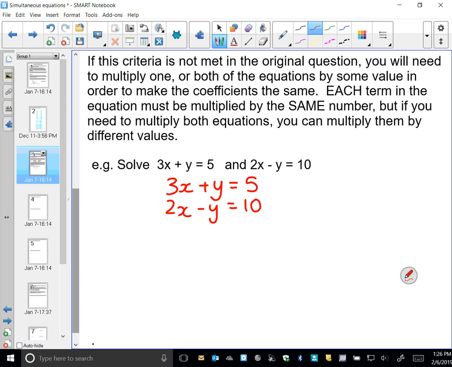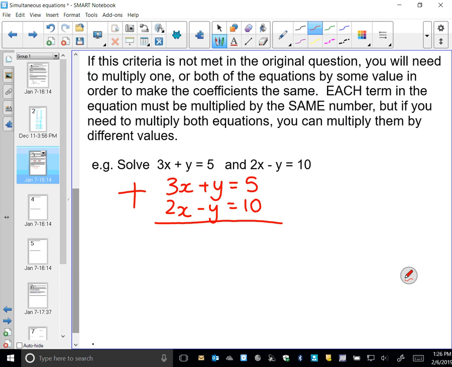I've written them like this, partially because that's what the original question had, but it also means that my x values are in one column and my y's are in another. Yes? Yes, that will be the next example. Each example I've given you is going to have one slight reason why I've chosen that example. Alright, so we're going to add these two equations.